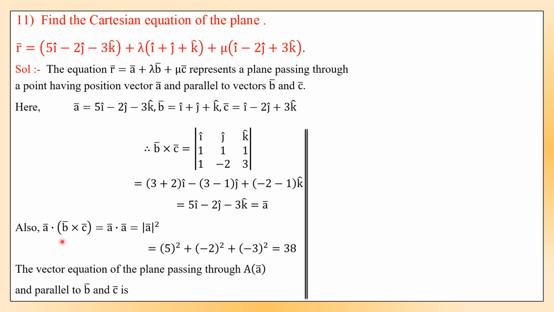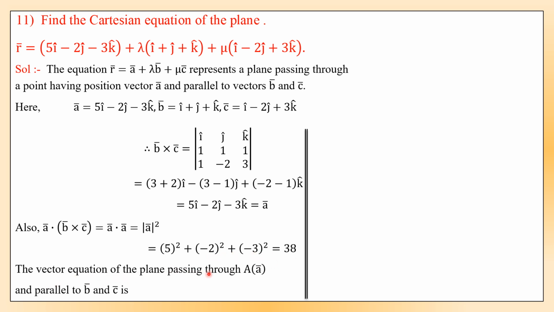Also we find a vector dot b vector cross c vector. In vector form we know that the equation of the plane is r vector dot b vector cross c vector equal to a vector dot b vector cross c vector. We find the term on the RHS, that is a vector dot b vector cross c vector. Since b cross c vector is equal to the a vector, this is equal to the magnitude of a squared. Hence 5 squared plus (-2) squared plus (-3) squared, 25 plus 4 plus 9 equals 38.